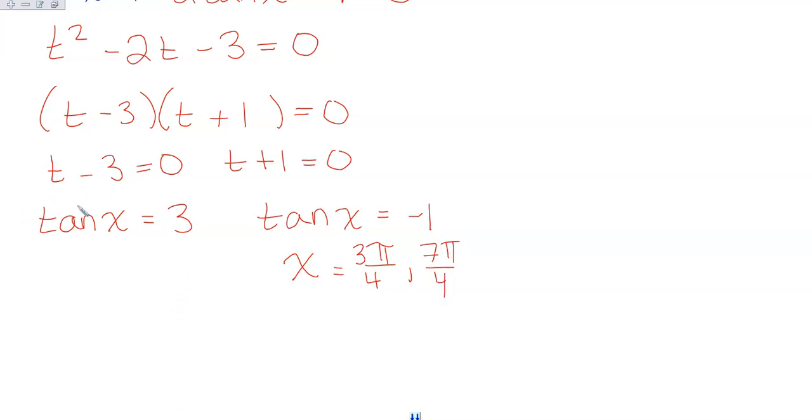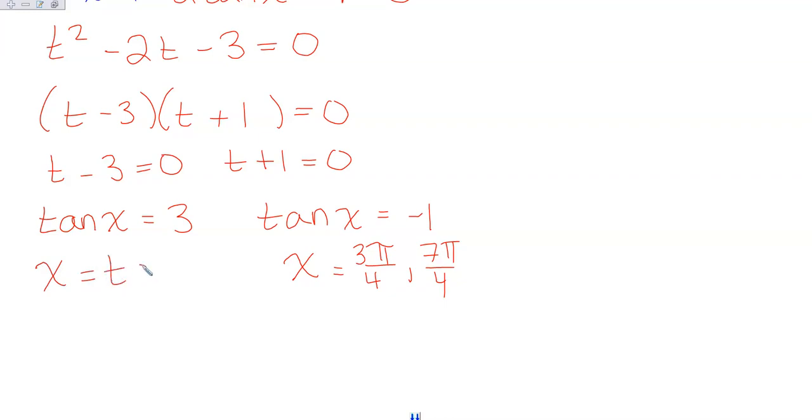Okay, next we're going to come over here and look at this. The tangent of x is equal to 3. So what we should realize is that 3 is not a tangent value anywhere on our unit circle. Okay? But just because it's not on the unit circle doesn't necessarily mean that it doesn't exist. So what we want to do is check and see, all right, let's take the inverse.